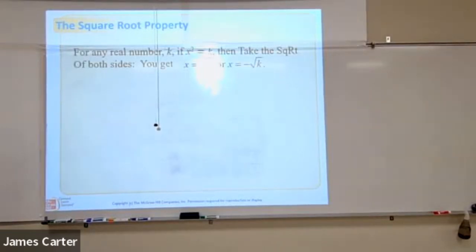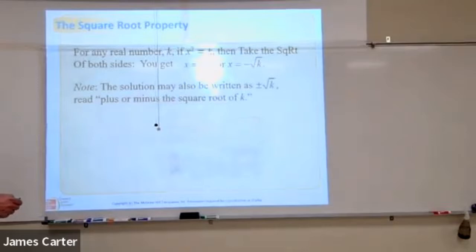Basically, if you've got a square term on one side and numbers on the other side, it's saying you can take the square root of both sides and you will get a plus or minus number. I'll illustrate that more as we go on.